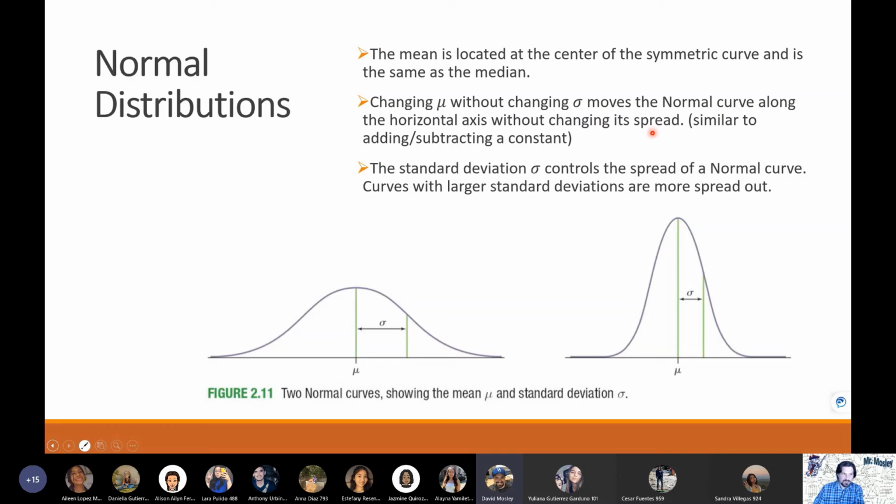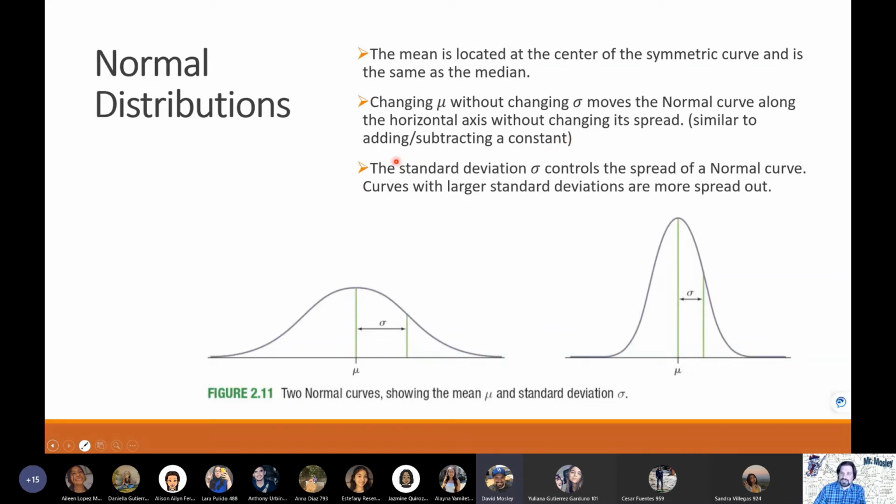This is based on what we learned in last class, that if I add or subtract a constant, it changes the location of the mean and the median and where the quartiles or percentiles reside, but it does not change the shape or the spread. So if mu changes, but sigma doesn't, the curve stays the same. We just shift everything up or down the axis.